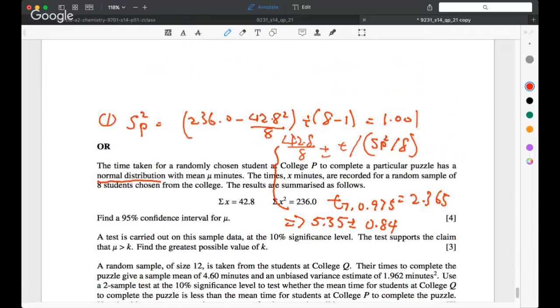So 5.35, our confidence interval, minus k is greater or equal to 0.5. So k max is equal to 4.85.